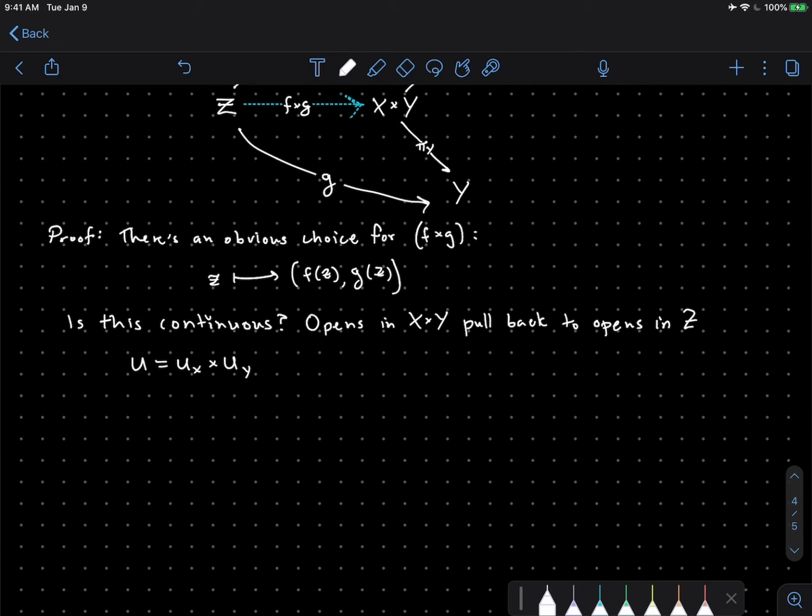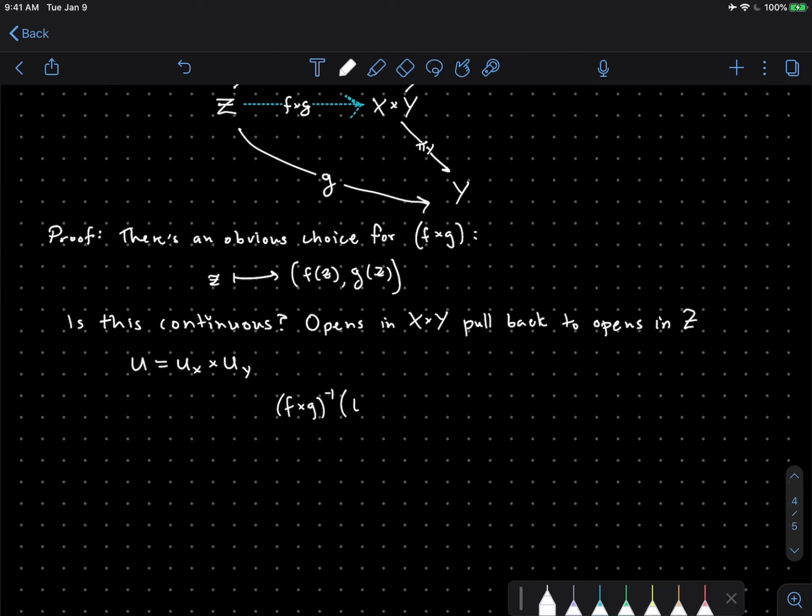So I want to see what happens when we take F cross G inverse of something in there. Sorry, this is a very poor way of phrasing this.